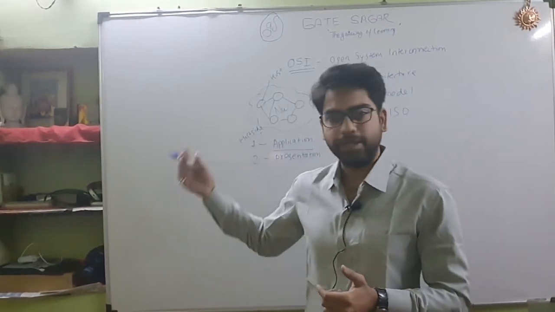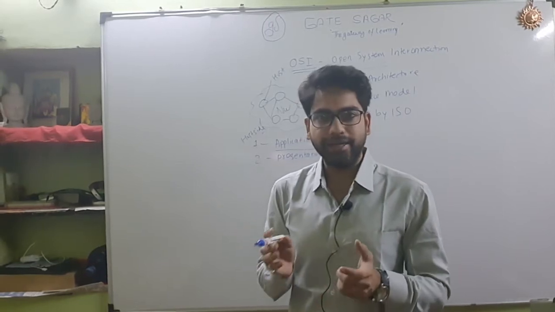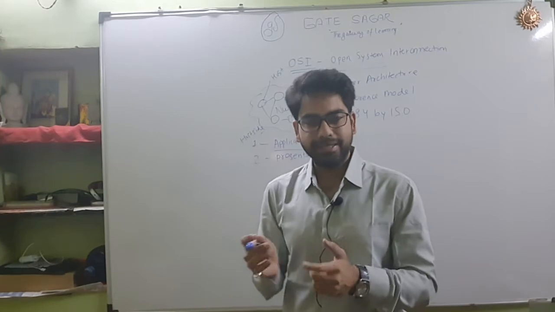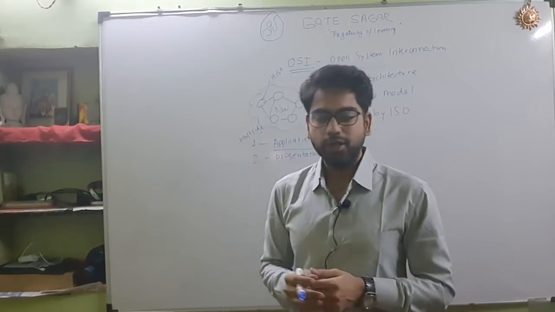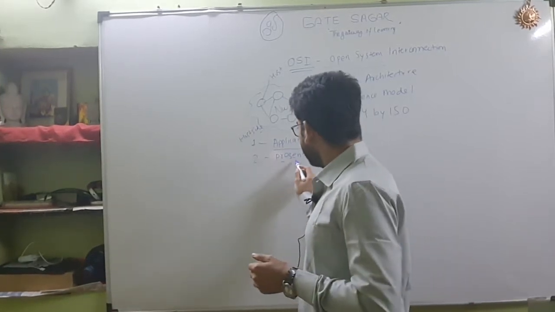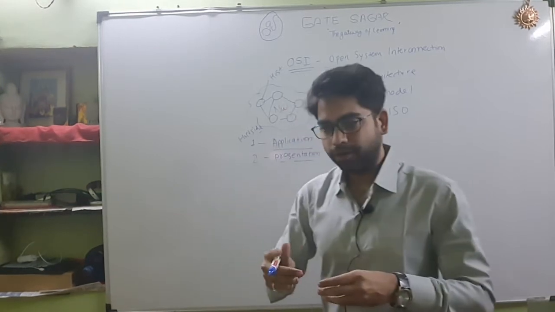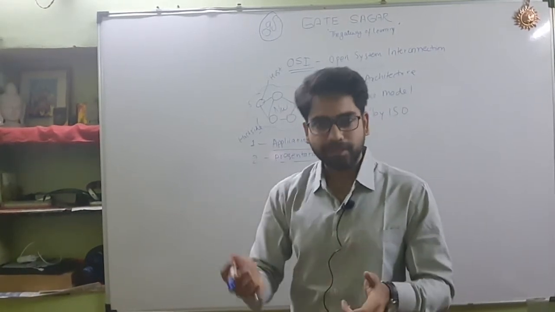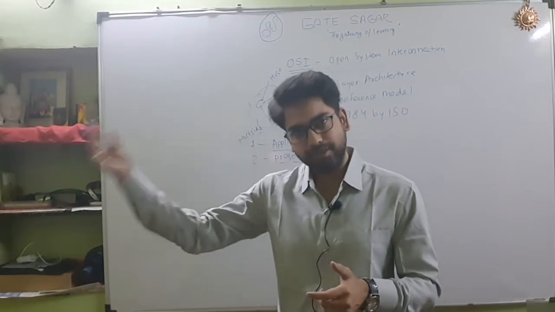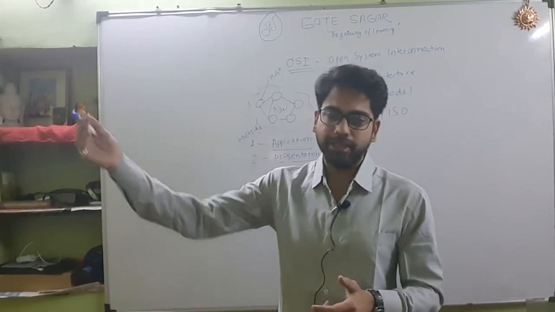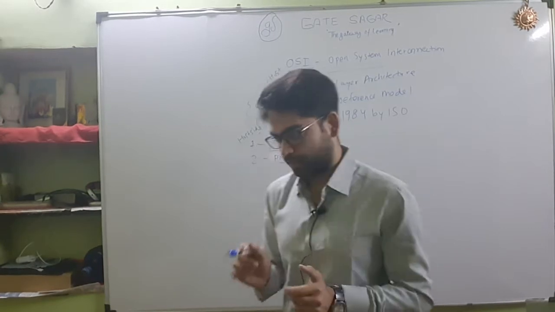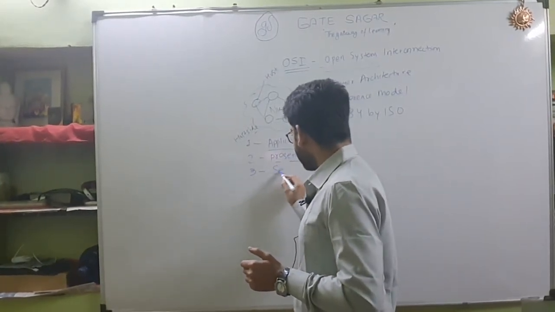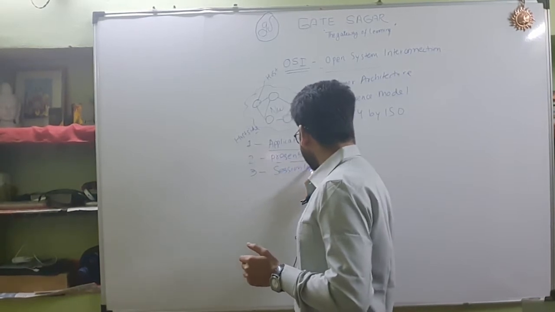Suppose the receiver does not understand the English language, suppose the person who is receiving the message is French. So the task of this layer is to arrange the data in some format and translate it, to present it in such a way that the sender can send and the receiver can understand properly what the message is.